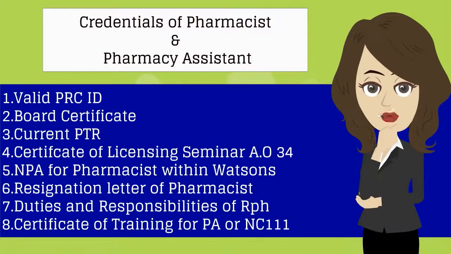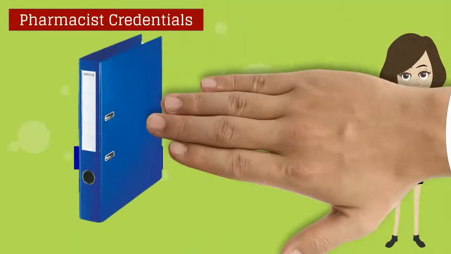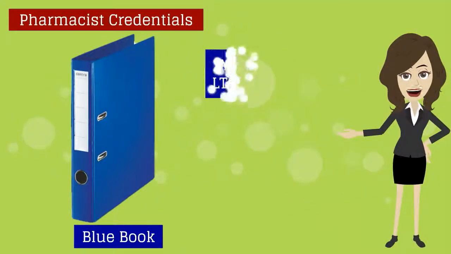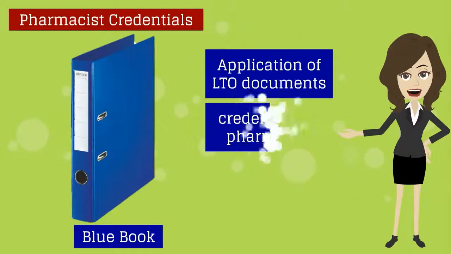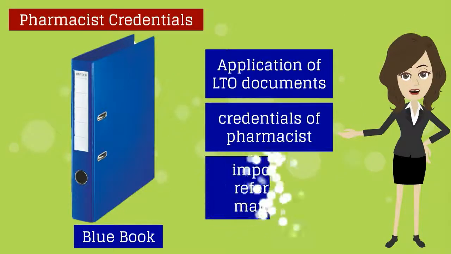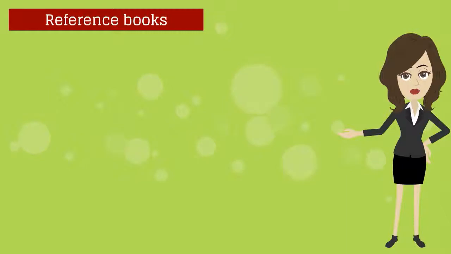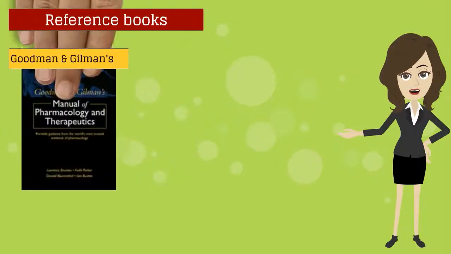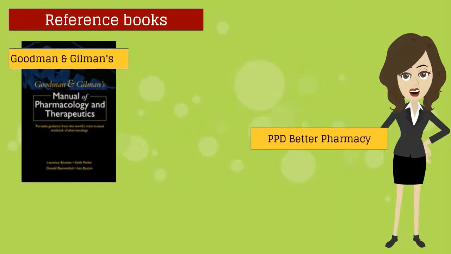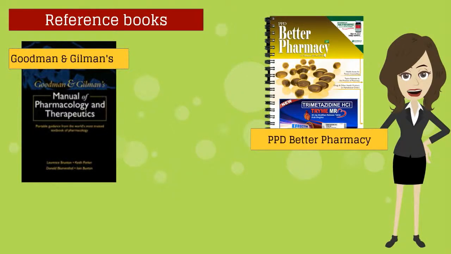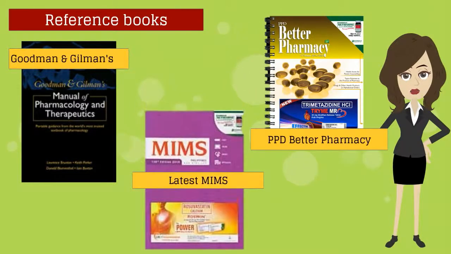They will file this, together with other references, in the folder known as Blue Book. This Blue Book will have all the documents for the application of LTO, the credentials of pharmacist, and other important reference materials. These are reference books, which will be provided by the Office of Regulatory Affairs. 1. Goodman and Gilman, Manual of Pharmacology. 2. PPD Better Pharmacy. 3.